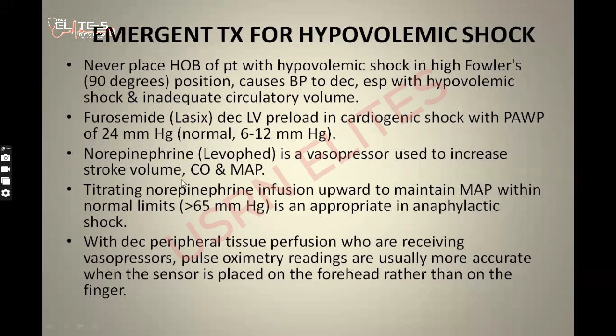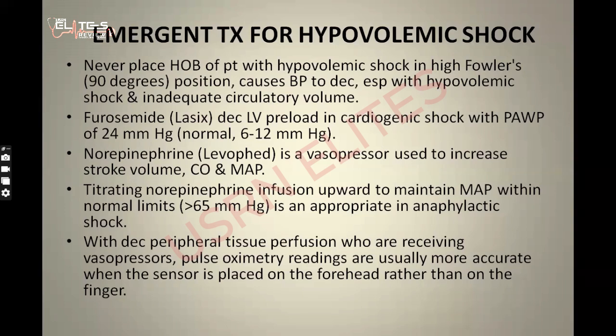With the last point here, we are saying that in patients with decreased peripheral tissue perfusion who are receiving vasopressors, pulse oximetry readings are usually more accurate when the sensor is placed on the forehead rather than on the finger. So you see, this is another clue. It's very, very practical.